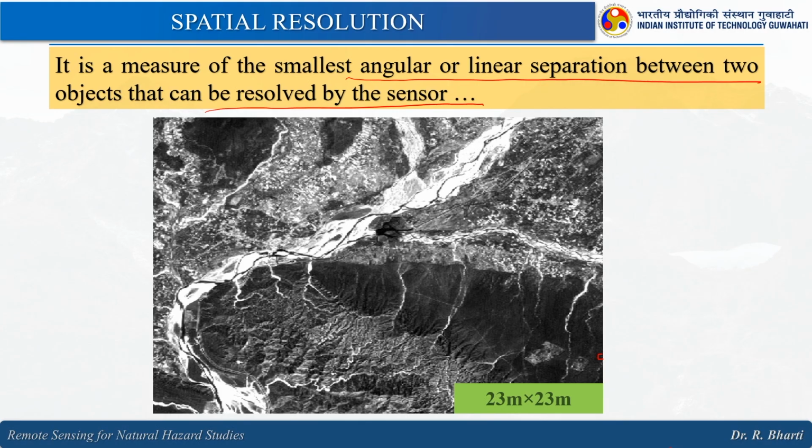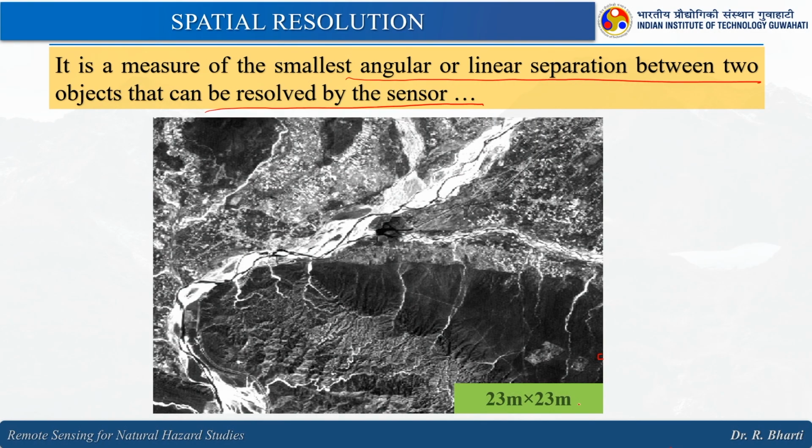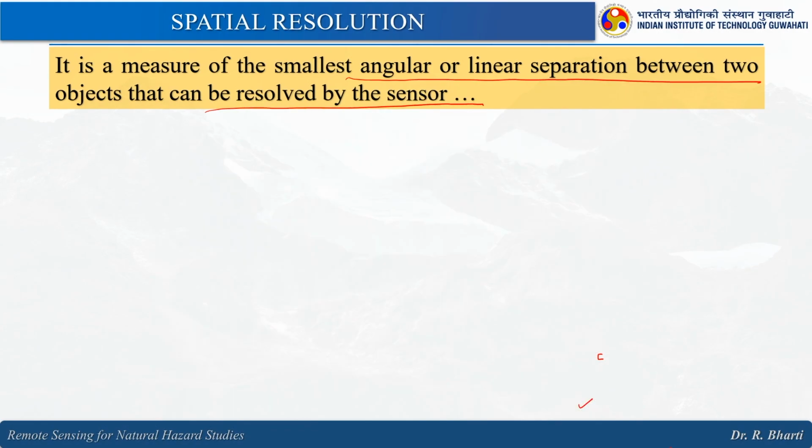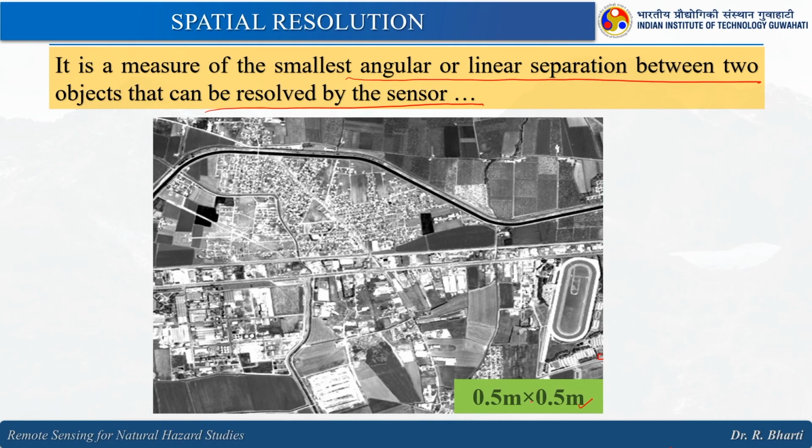Coarse resolution means the bigger the pixel size, let us say 1 kilometer by 1 kilometer. Medium resolution means 30 meter or 23 meter. When we refer to 2.5 or 0.5 meter, they have fine resolution.